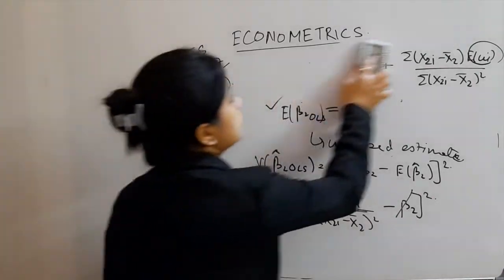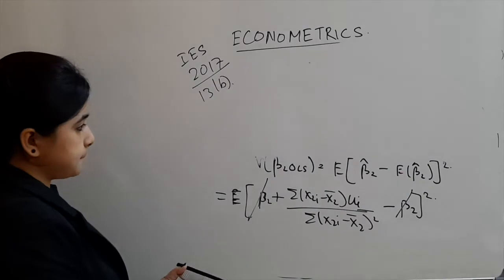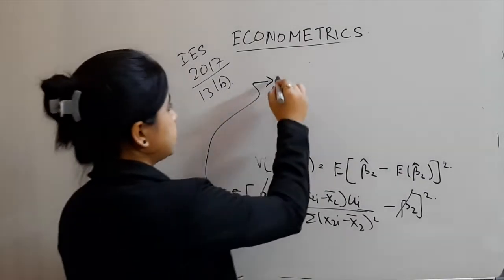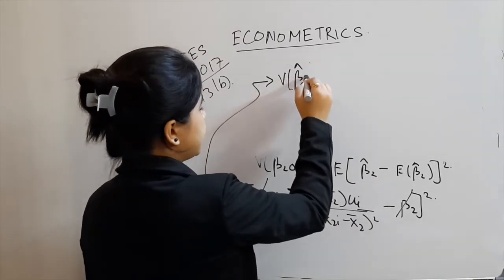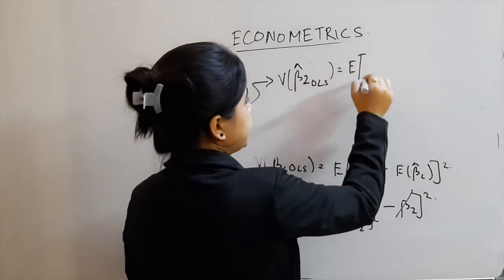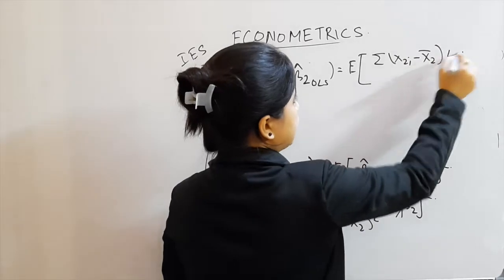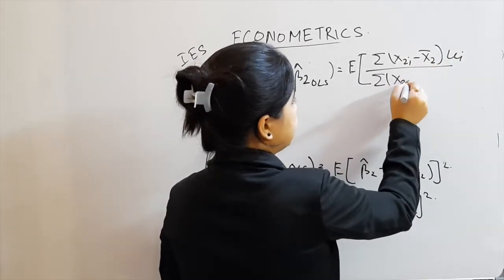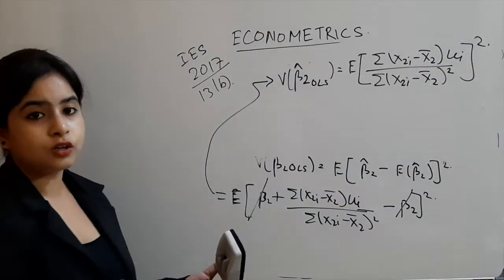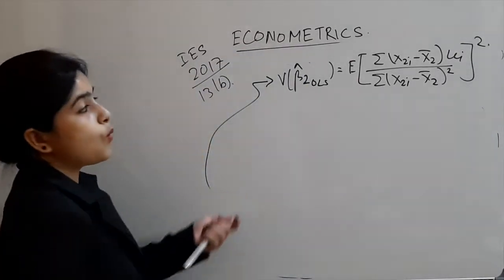For the variance, we are ultimately left with, okay, so after this we are here: the variance of beta 2 OLS is the expectation of [summation (x2i − x2 bar) ui divided by summation (x2i − x2 bar) whole square] whole square, right? So this is the ultimate term we have.